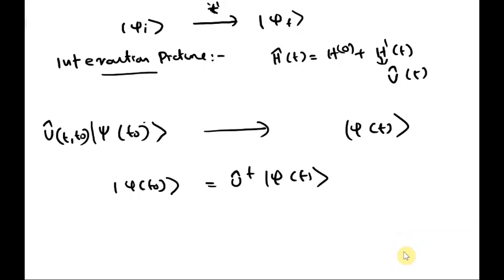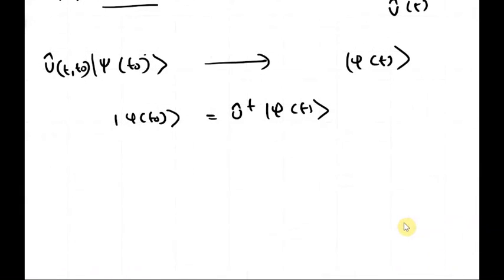And the interaction picture is actually a combination of both the Schrodinger and Heisenberg pictures. In the interaction picture, we define the wave function. Okay, this is just to illustrate the point that we can write an operator in this manner. In the interaction picture, I'm going to define psi of t interaction as the operator e raised to i by h cross H naught t, acting on the wave function.